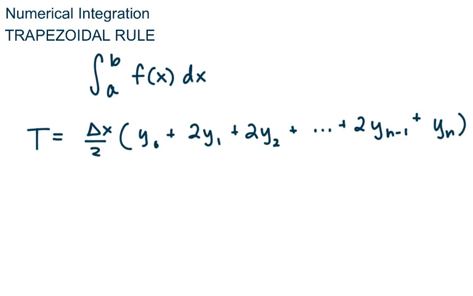You'll notice my first output and my last output are not doubled, but every output in the middle would need to be multiplied by 2.